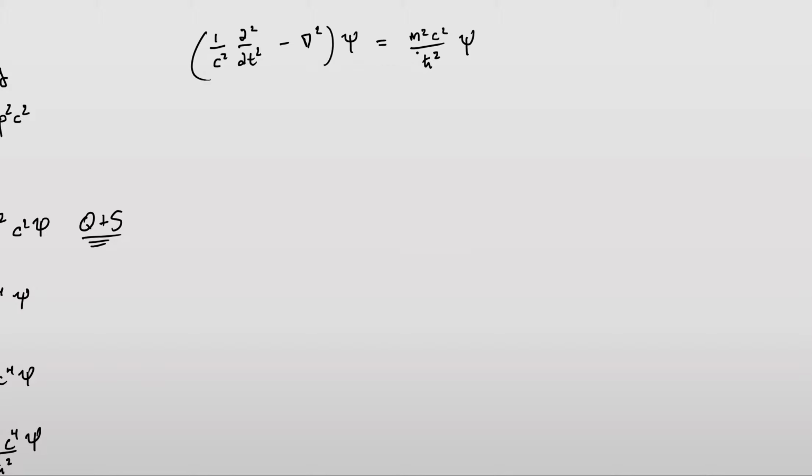This is our eigenvalue, right? This is our operator. And this is our eigenvalue. And so we have an operator and we have its associated eigenvalues.